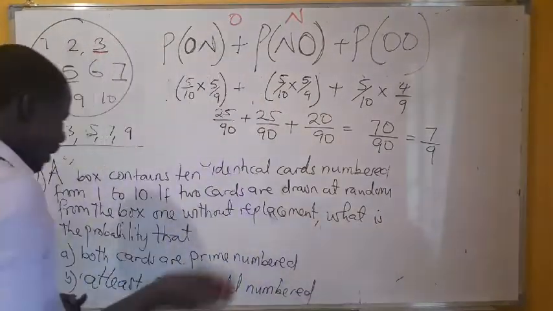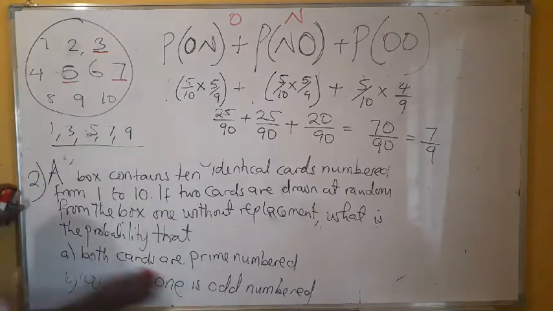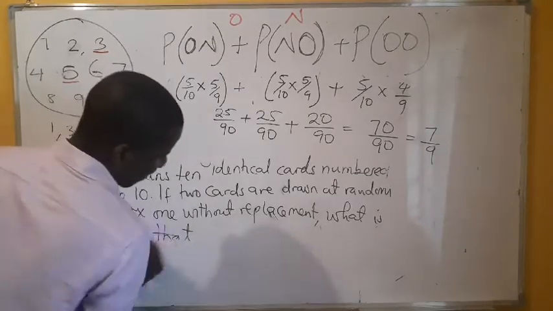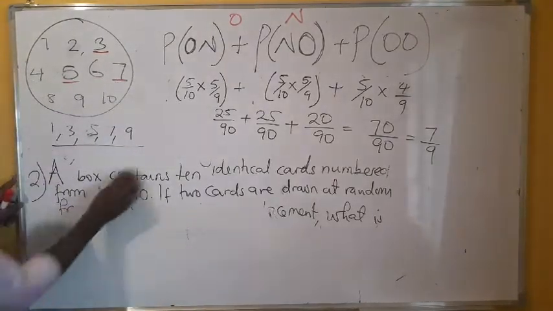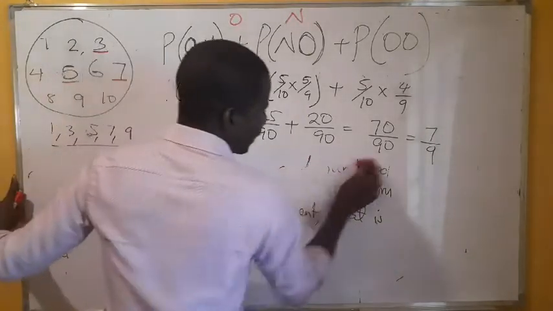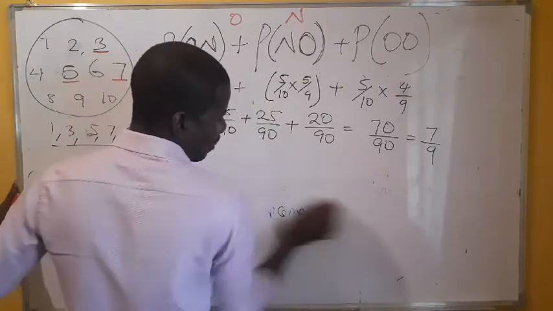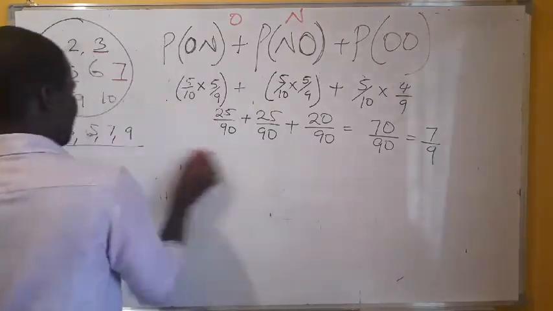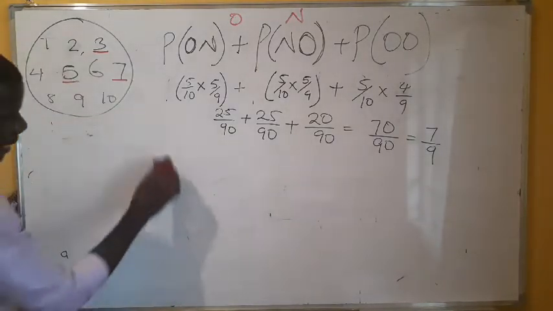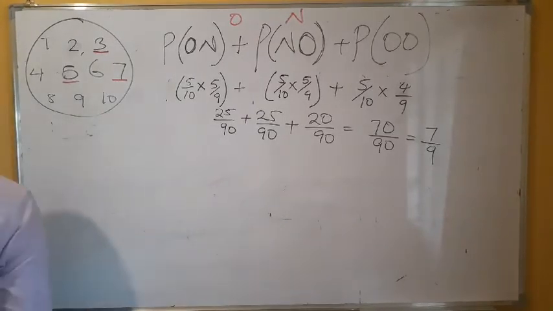Now I want to try and see if it can work using a tree diagram. These are independent events.